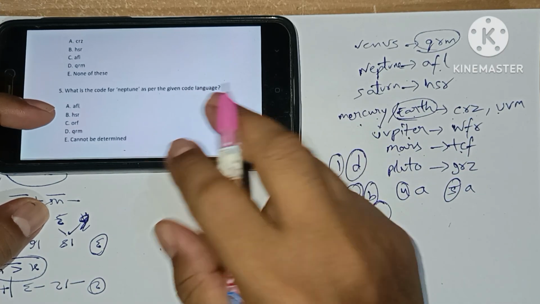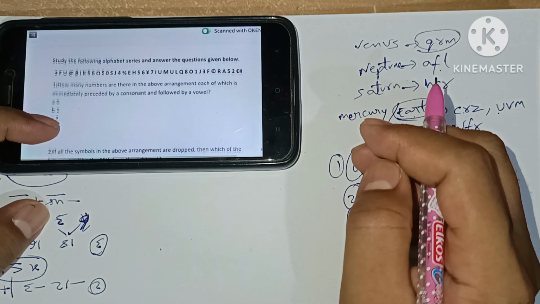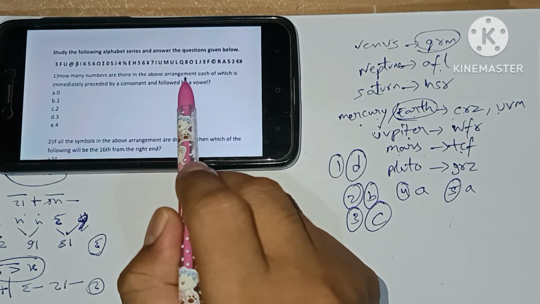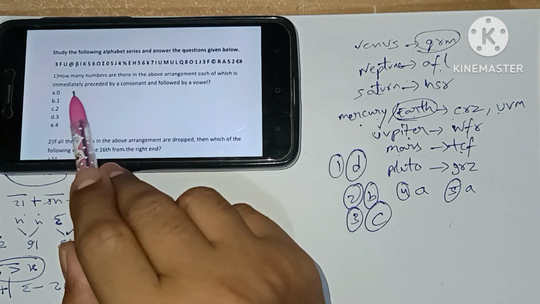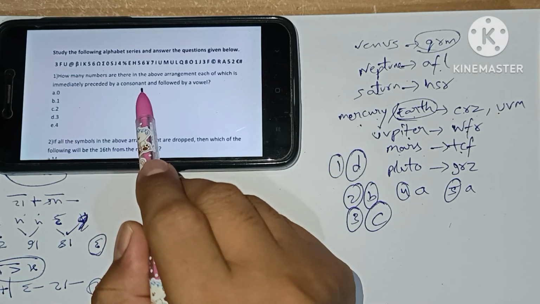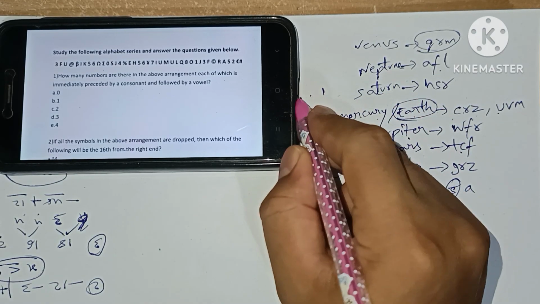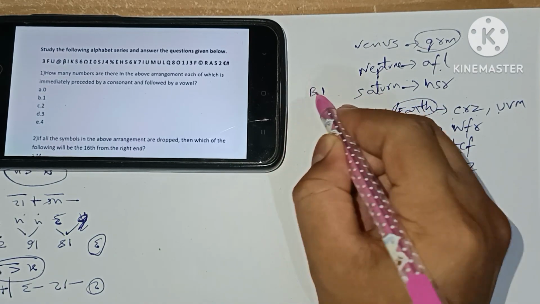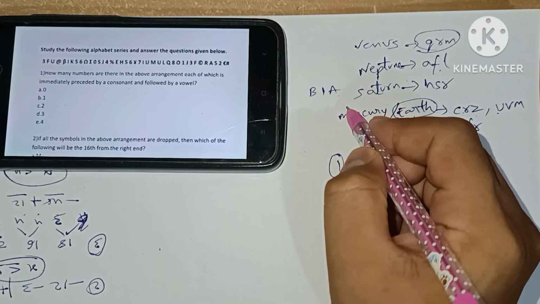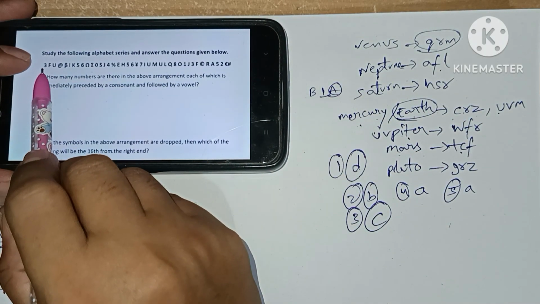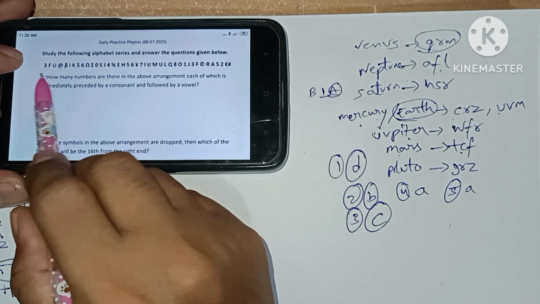Next, we are going to see the alphanumeric series. Here, how many numbers are there in the above arrangement, each of which is immediately preceded by a consonant and followed by a vowel? So let's find the numbers. 3: there is no alphabet before.